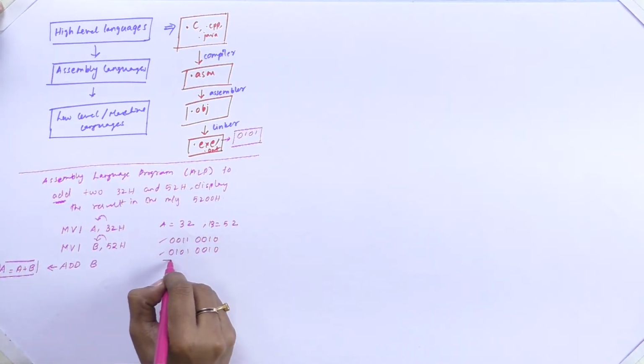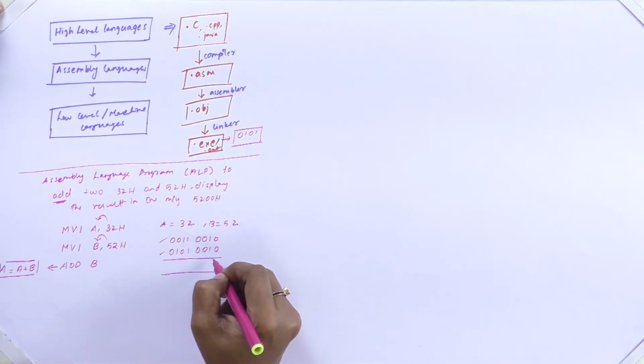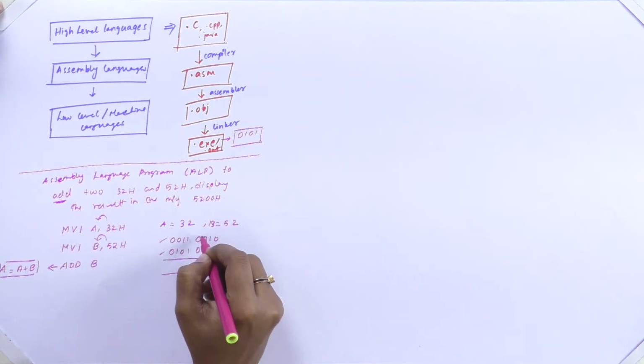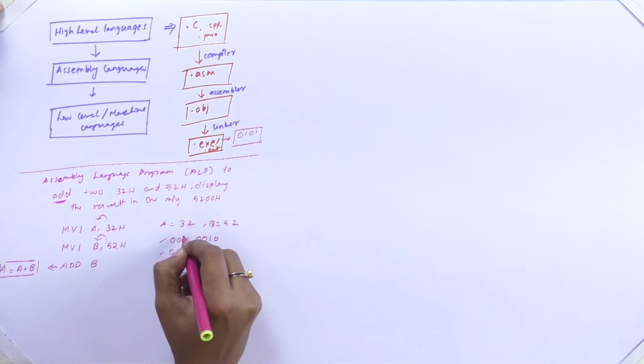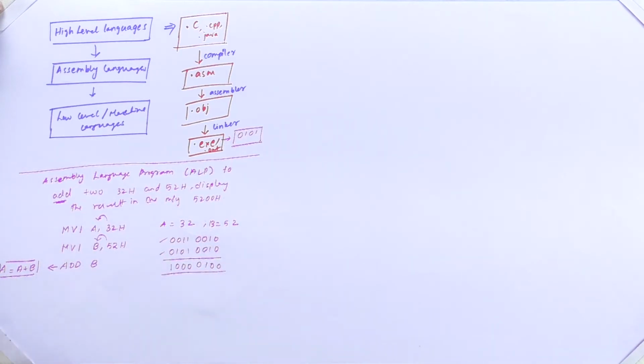The values in the binary form will get added. If you add these two values, the value we get is 84H. It will again be stored in the accumulator.